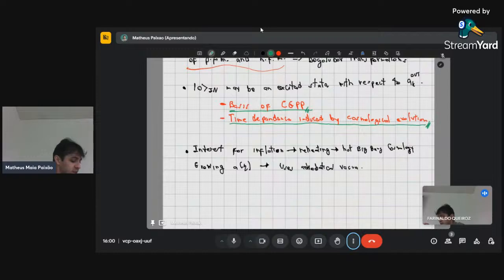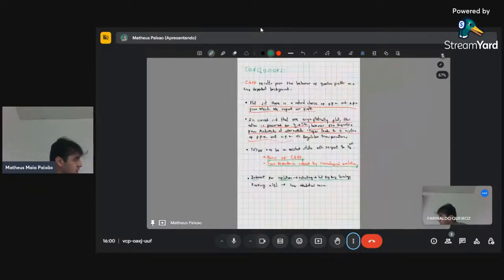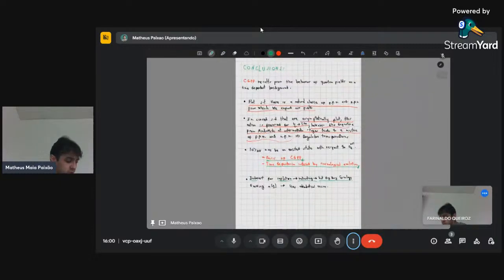But as I said, to do research, you need to consider inflation and the transition from reheating, and after, the hot Big Bang cosmology. So the notions of vacuum are different, and that's the basics of the story.